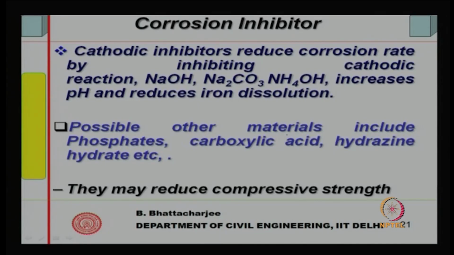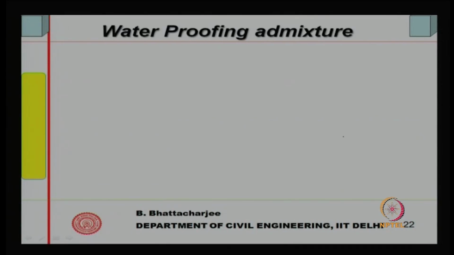There are some side effects from corrosion inhibitors, so they may reduce the compressive strength. So, they have not been very popular, but still there are some available and they can protect the rebar to a certain extent, but they have their own negative effect. That has to be remembered.